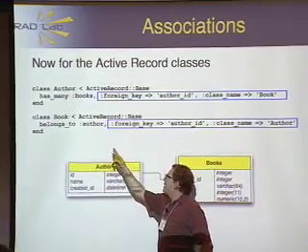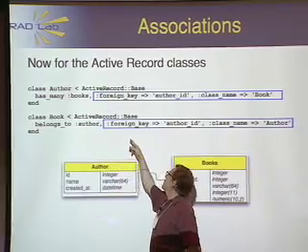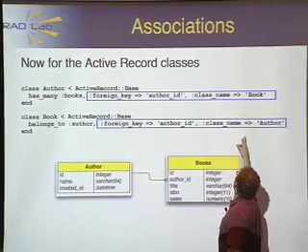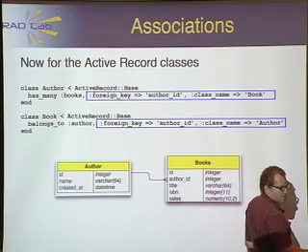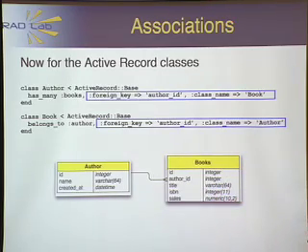And this guy, the book, belongs to an author, and the foreign key is author ID, and the class name is author. And it's, again, this relationship. You belong to a single author, and you have many books. It knows the table names are plurals of the class name. So the class names are always singular. The table names are always plural.